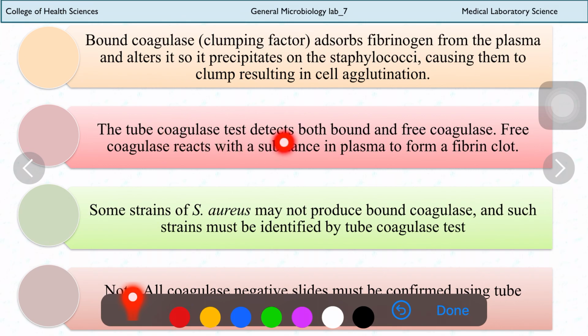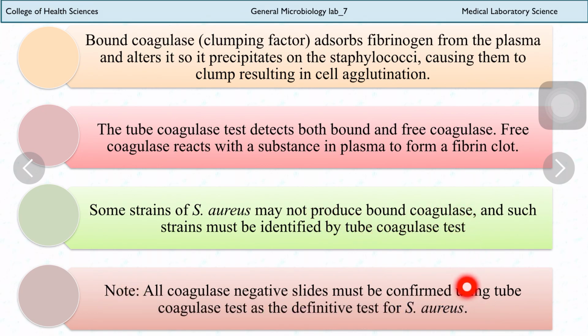So here in the test tube, you'll detect both of them, but regarding the slide method, you'll detect only bound coagulase. Some strains of Staphylococcus aureus may not produce bound coagulase. That's why we need a tube method in order to confirm the result. So the tube method is better. Why? Because we can detect both bound coagulase and also free coagulase.